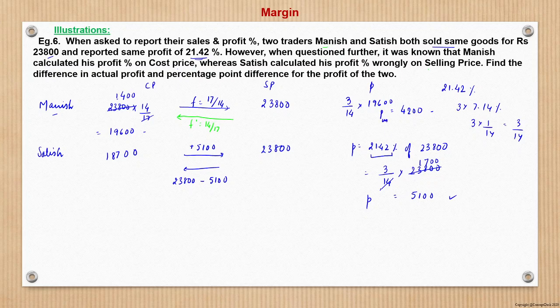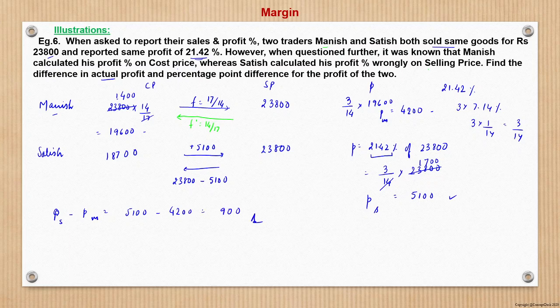So the profit of Manish and the profit of Satish, both we have got. So now see what it is. Find the difference in actual profit. That is the profit earned by Satish minus the profit earned by Manish, which is 5,100 minus 4,200, which is 900 rupees.